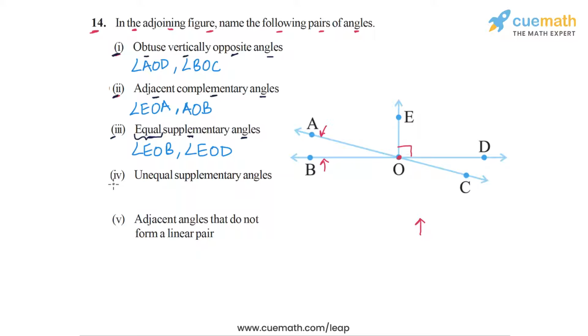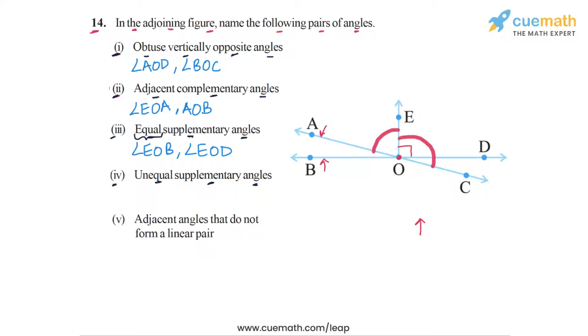Then we come to part 4, in which we have to find unequal supplementary angles. Let me give you an example of unequal supplementary angles in this figure. If we take angle EOA, this angle, and angle EOC, this angle, these two angles add up to 180 degrees because they form a linear pair of angles.